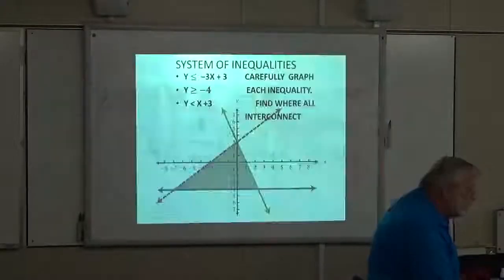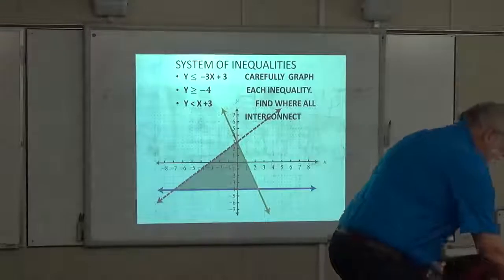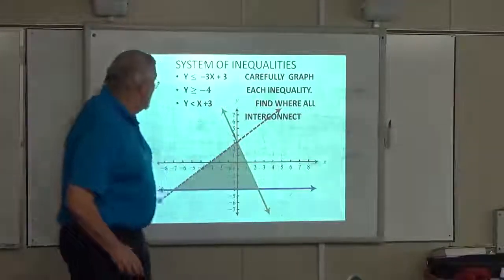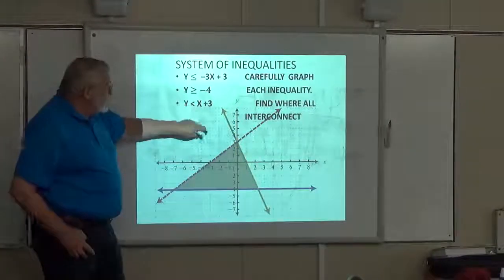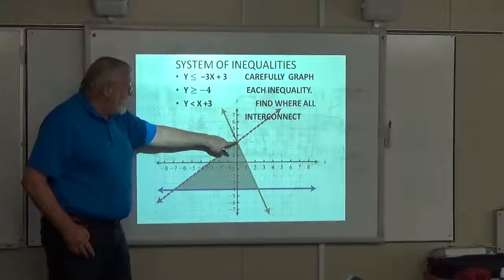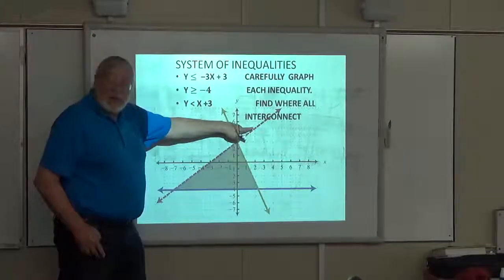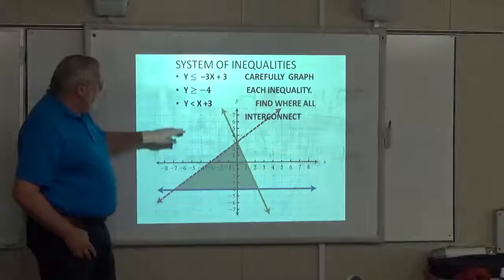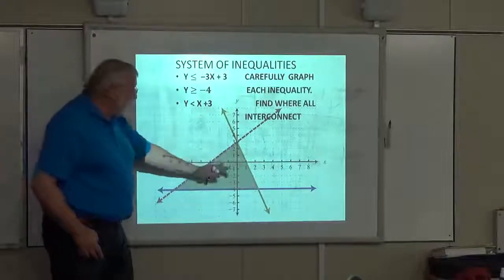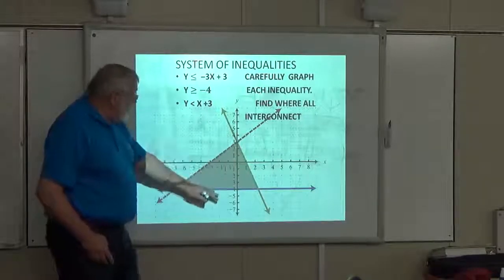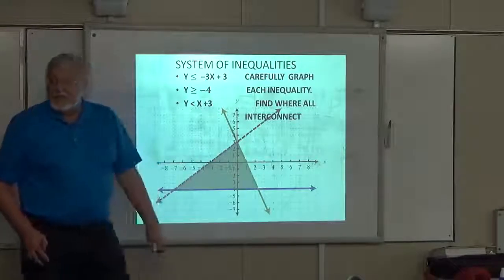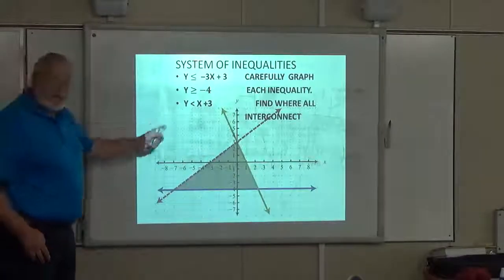So y equals 1x plus 3 starts at 3, then over 1 up 1, over 1 up 1. And because this is below, and this is below, and this is above, it becomes that area in there. That's a test question.